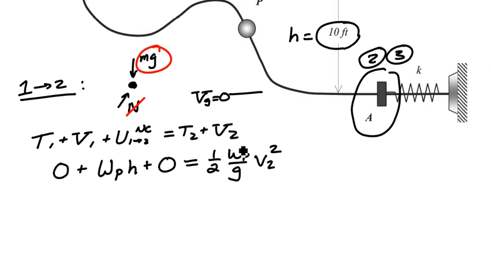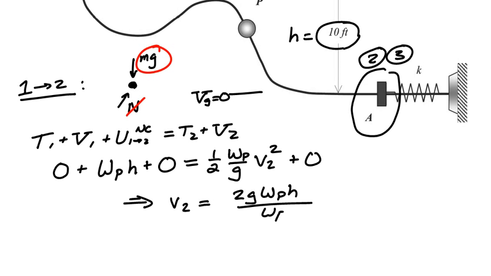And V2, because we haven't yet started to compress the spring, will simply be equal to 0. So I can use this and find, for example, that V2 is going to equal 2G times WP times H divided by WP. WP's will cancel, and this is under a square root, of course, so this is equal to the square root of 2 times G times H. Now that gives me the speed.